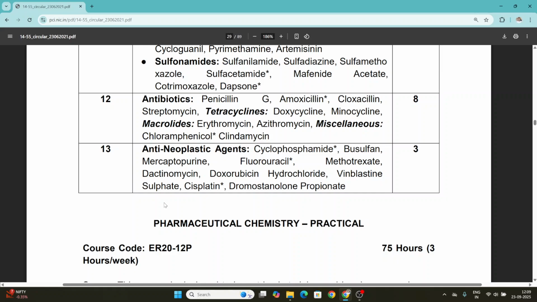Chapter 13, antineoplastic agents: cyclophosphamide, busulfan, mercaptopurine, fluorouracil or 5-fluorouracil, methotrexate or MTX, dactinomycin, doxorubicin hydrochloride, vinblastine sulfate, cisplatin, dromostanolone propionate.